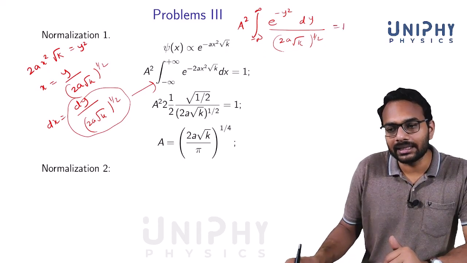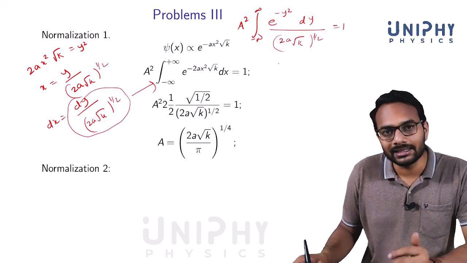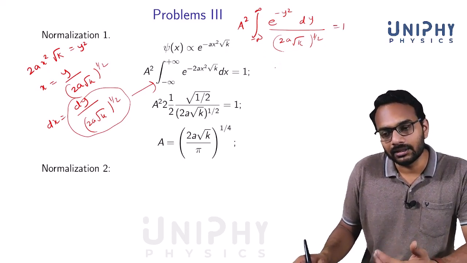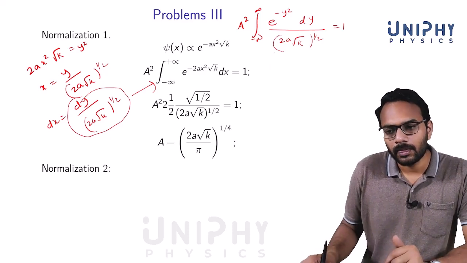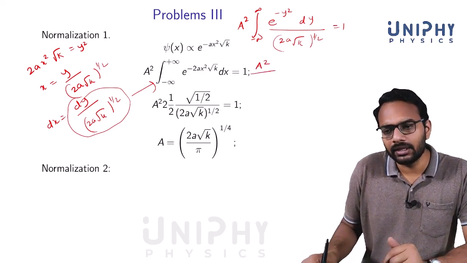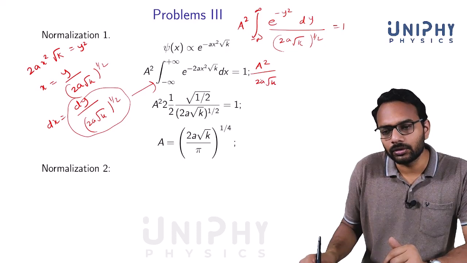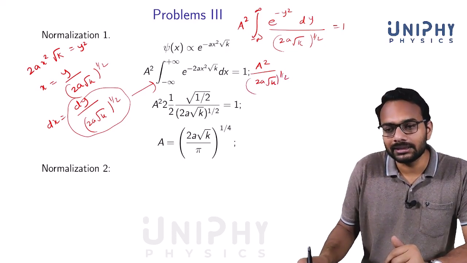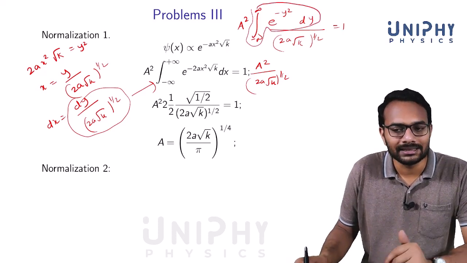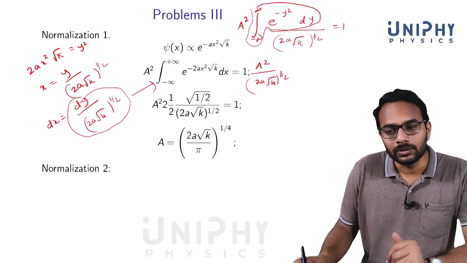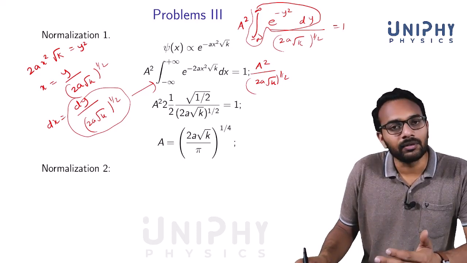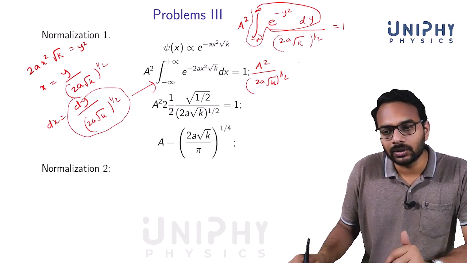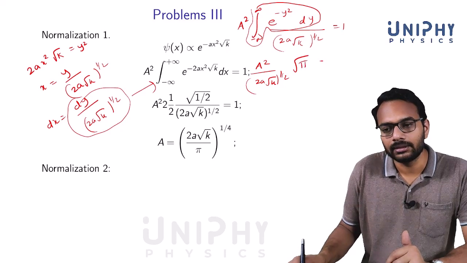We are demanding that this is equal to 1, which is the condition to find A. So A squared divided by 2a square root of k whole raised to 1 by 2 is multiplied by this integral. We have already done this integral using the gamma function, and we saw that the result is square root of pi. This is equal to 1.